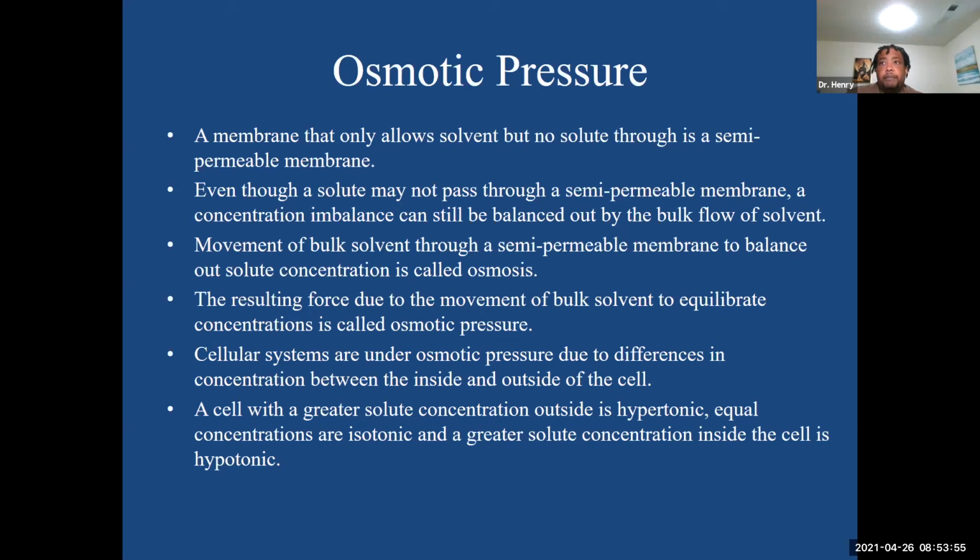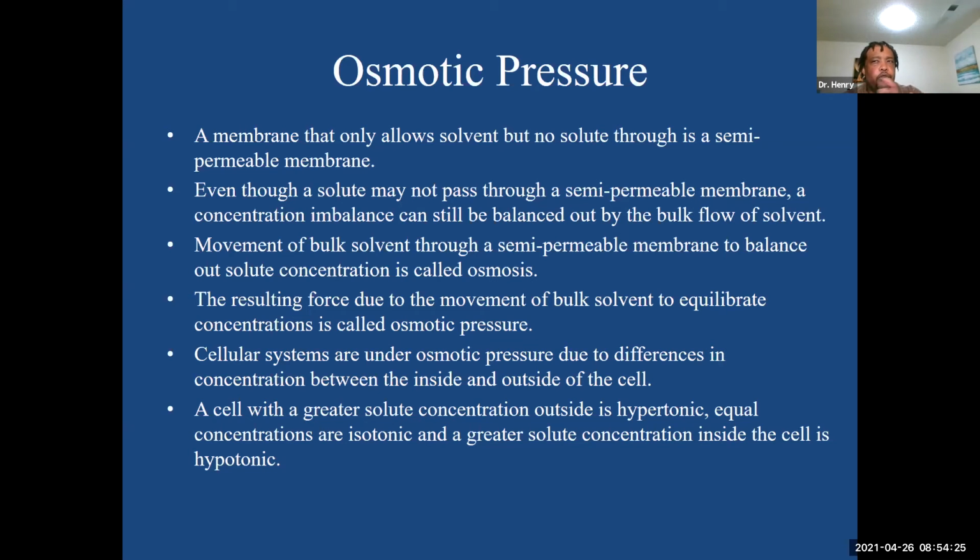So if that membrane is semi-permeable, and we have solute on one side of that membrane, and we have the solvent flowing, basically what happens is the solvent will flow through the membrane to try to balance out the concentration of the solute on the other side.